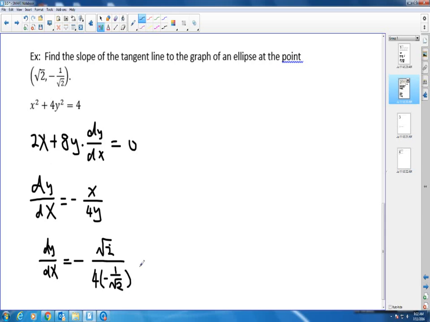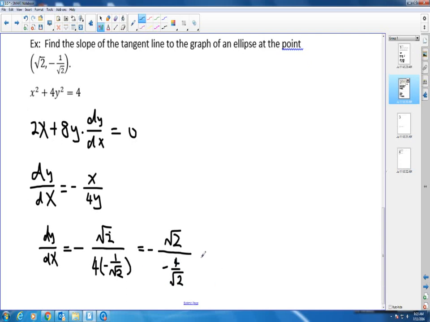Now let's evaluate at this point. So this is going to be negative square root of 2 over negative 4 over square root of 2. And I think my answer will be positive. Division of a fraction means times the reciprocal.